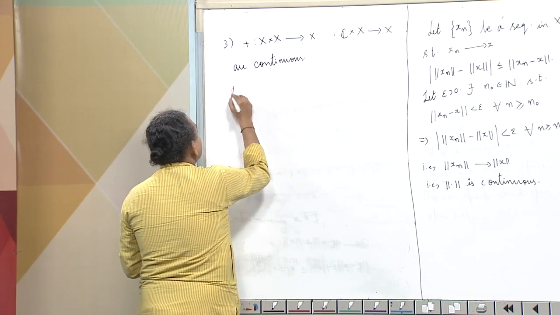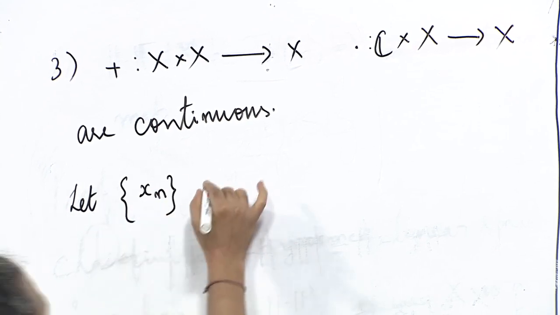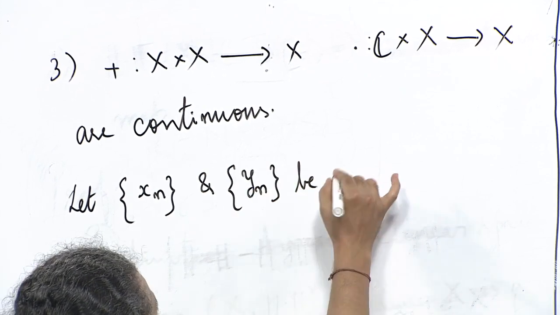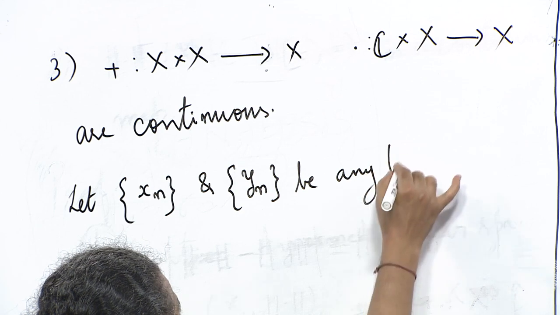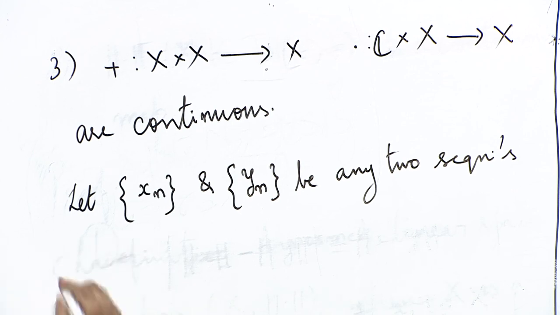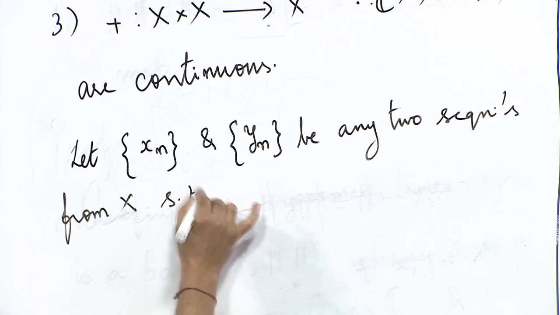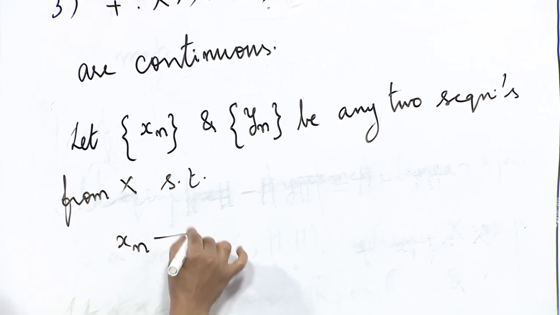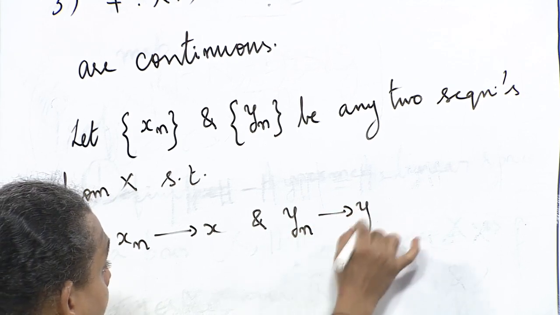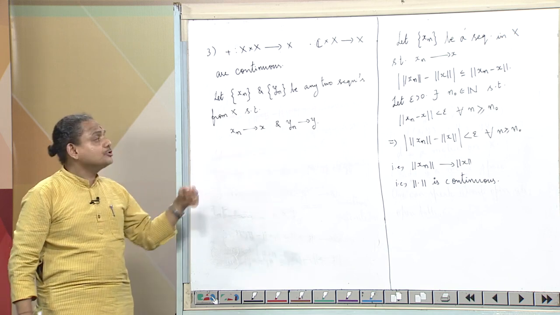So, let us choose two sequences, let x_n and y_n be any two sequences from X such that x_n converges to x and y_n converges to y. So, the claim is that the sequence x_n plus y_n converges to x plus y.